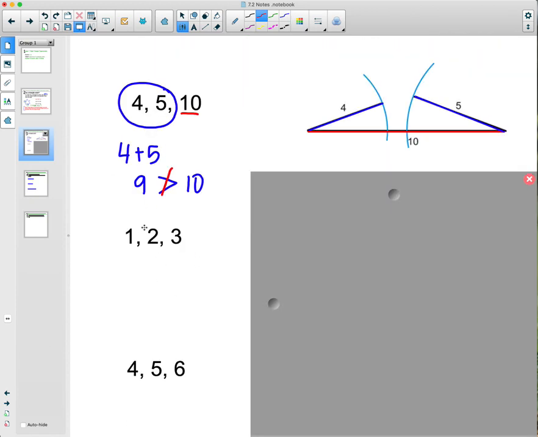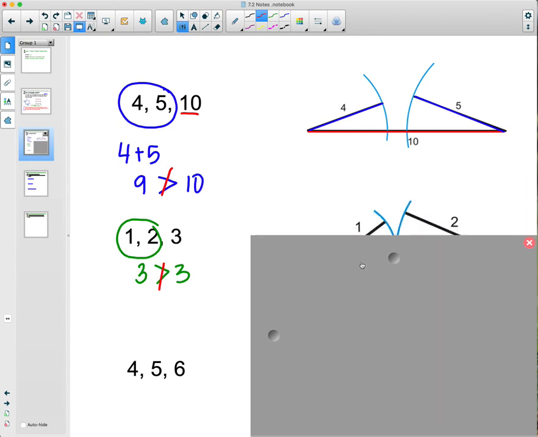Then for 1, 2, and 3, if we look at the formula, 1 and 2 are the smallest. So 1 plus 2 is 3. Is 3 bigger than 3? The answer is no, so a triangle does not exist.